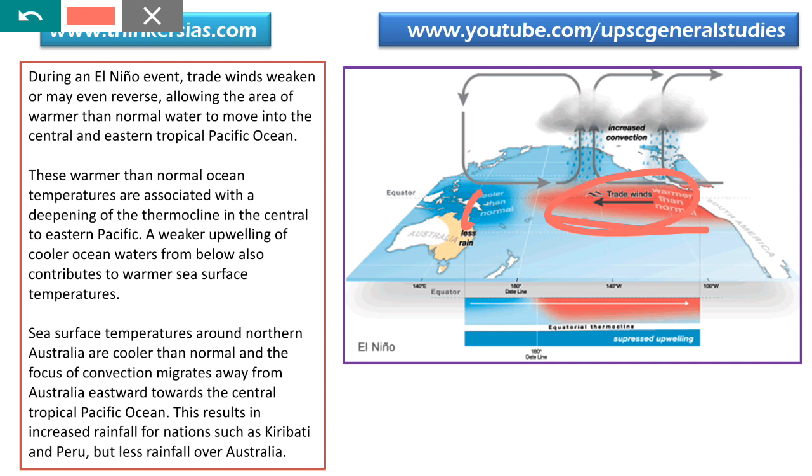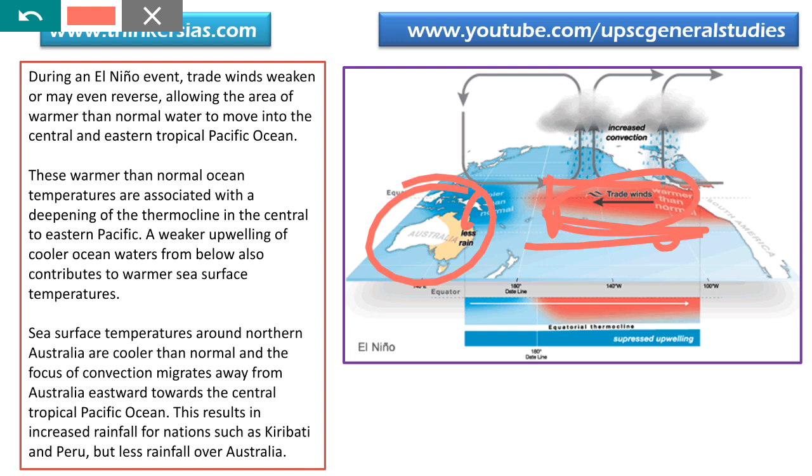So a weaker upwelling of cooler ocean waters results here, which usually was stronger. Sea surface temperature around northern Australia is cooler than normal here, and the focus of convection migrates away from Australia towards central and eastern Pacific.